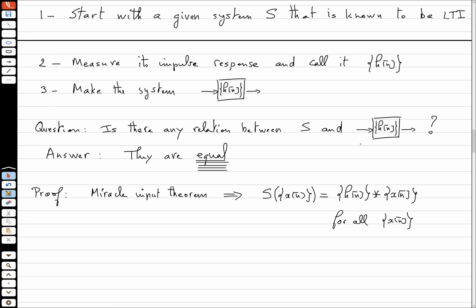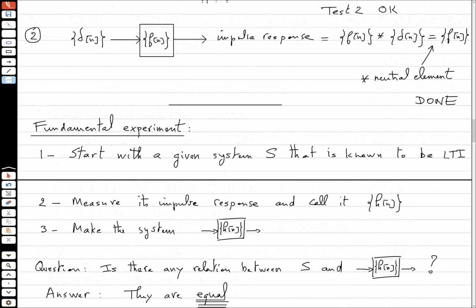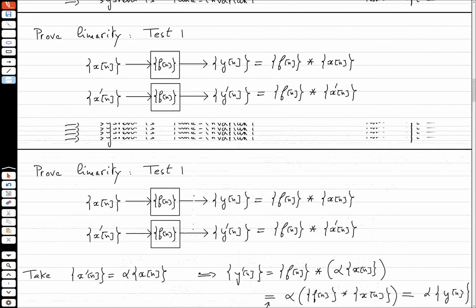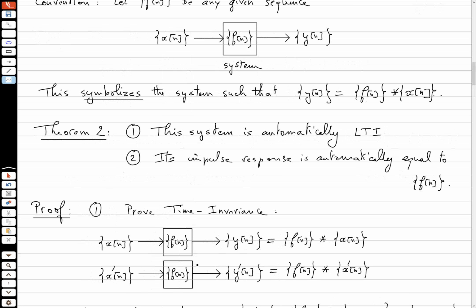Meanwhile, how is the second system defined? We just defined it here. This symbolizes the system that transforms x into its convolution. It was defined like 5 minutes ago.